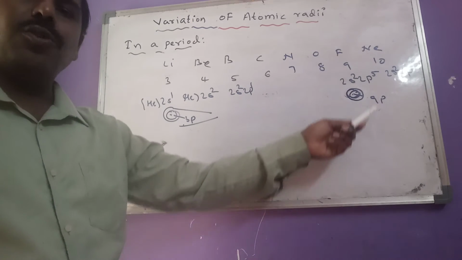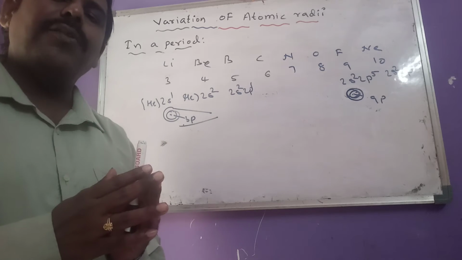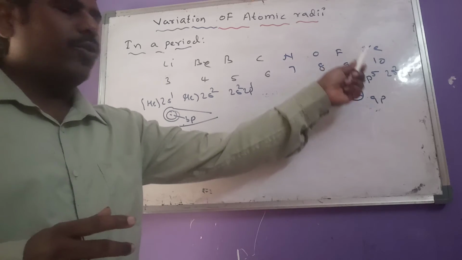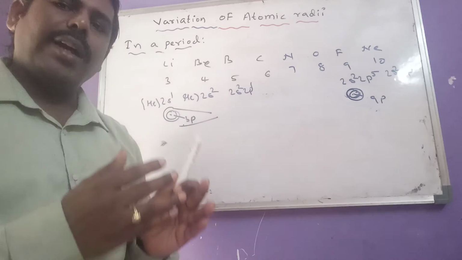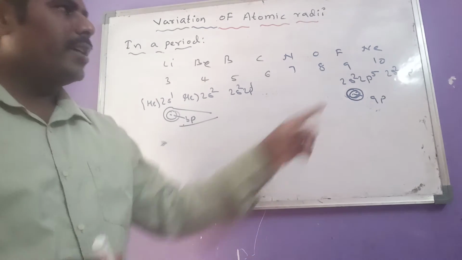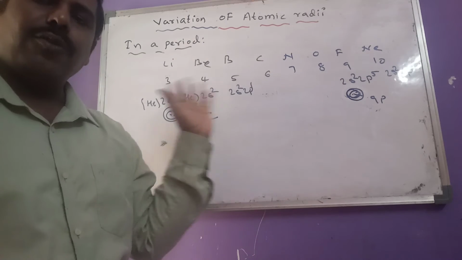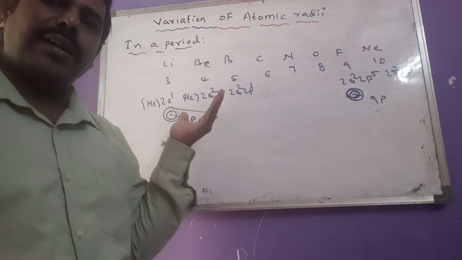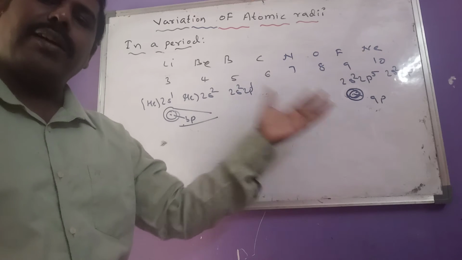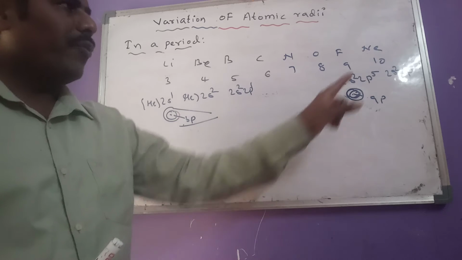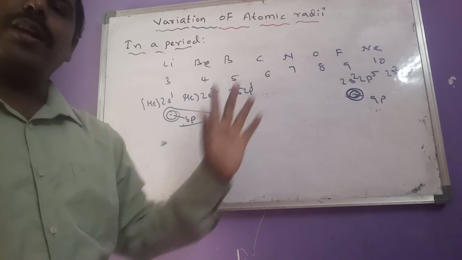For 0 group elements, we have to calculate van der Waals radius, because they do not participate in covalent bonds. But up to fluorine we are calculating covalent radius, and for the remaining, either crystal radius or van der Waals radius. And van der Waals radius is 40% greater than covalent radius.